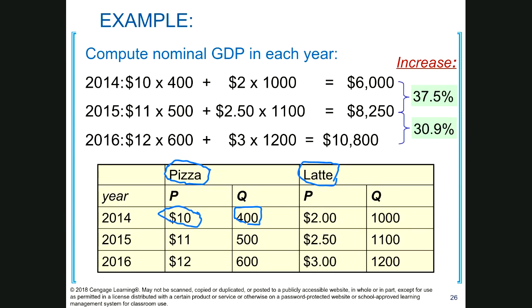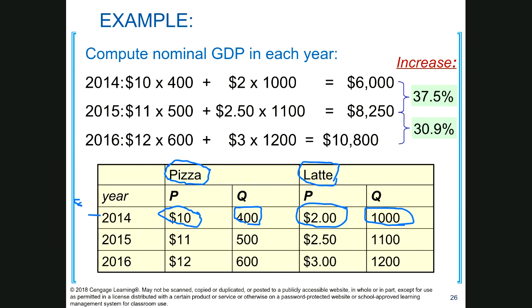In 2014, pizza was $10 each. We made 400 pizzas. Coffee latte was $2 each, and we made 1,000 of it. How do you calculate the GDP here? Very easy, right?